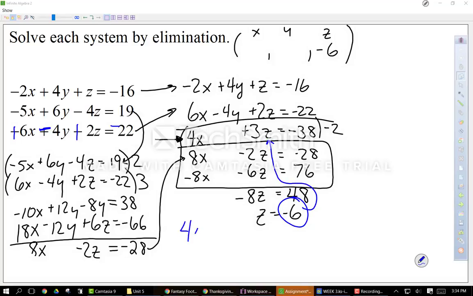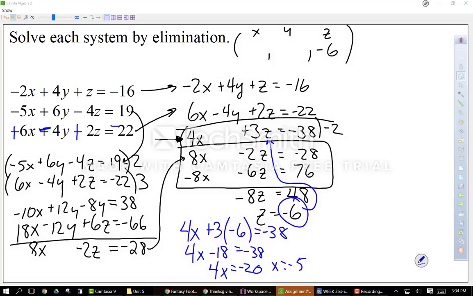So 4x plus 3 times -6 for z equals -38. I get 4x minus 18 equals -38. 4x equals -20. x equals -5. So -5 is now x.